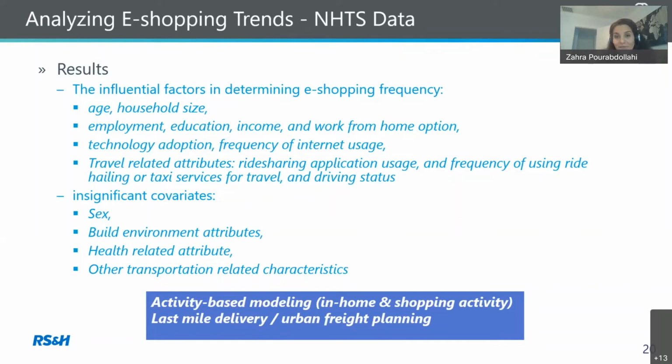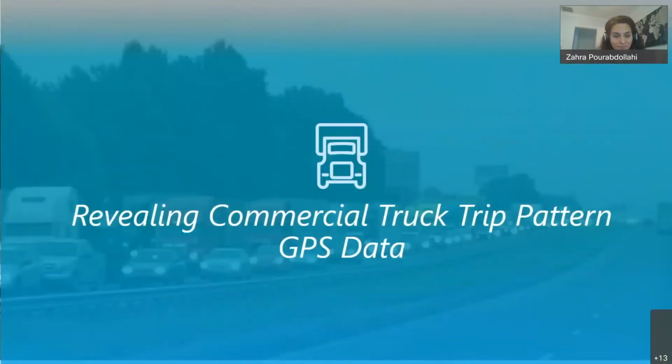The findings of this research can be used in activity-based modeling, especially modeling of in-home activities and modification of shopping activity or shopping trips. They can also be used in planning for last mile delivery and urban freight planning, but further discussion and analysis on these are definitely required.